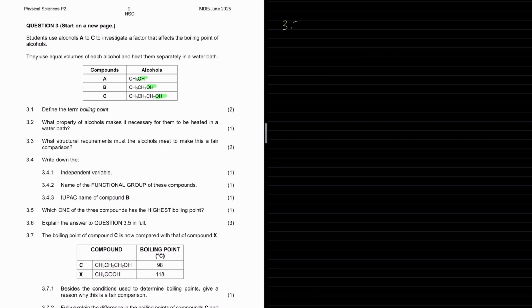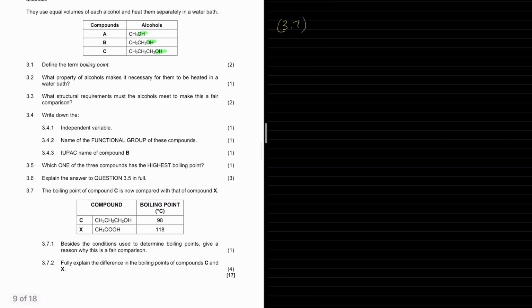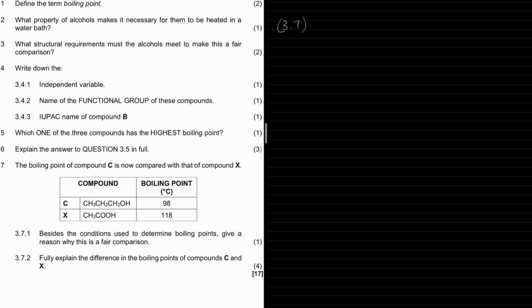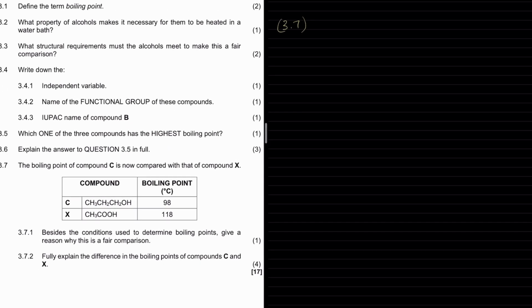Question 3.7. The boiling point of compound C is now compared with that of compound X. Besides the conditions used to determine the boiling points, give a reason why this is a fair comparison. Okay, so we can see here that these are not the same homologous series. This has an OH, and that's COOH.